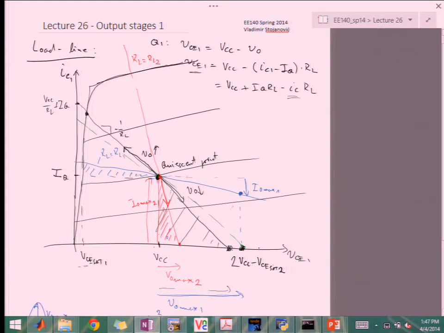So this green line over here is now optimized because it rotated around the quiescent point, and it was moving from this line to hit kind of this point over here, right? So now my overall area is this whole triangle, right?